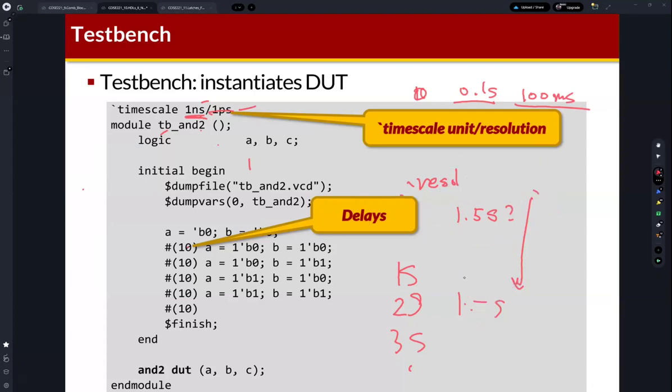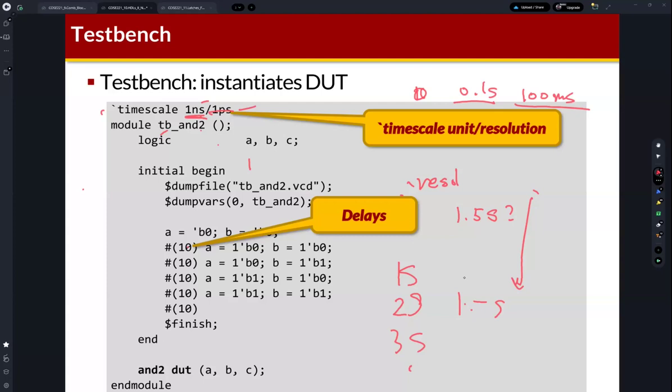Using the time scale, we can define the time unit and time resolution of the SystemVerilog module, and then you can find some representation of delay. In this test bench, initially A is set as 0.